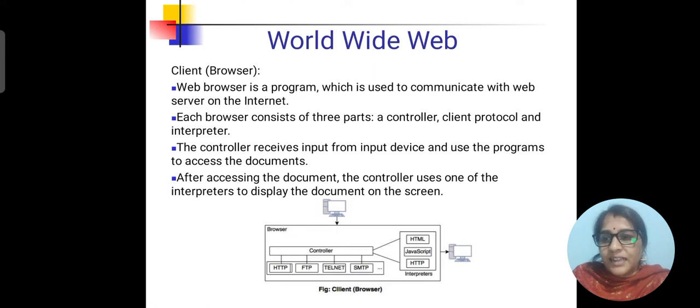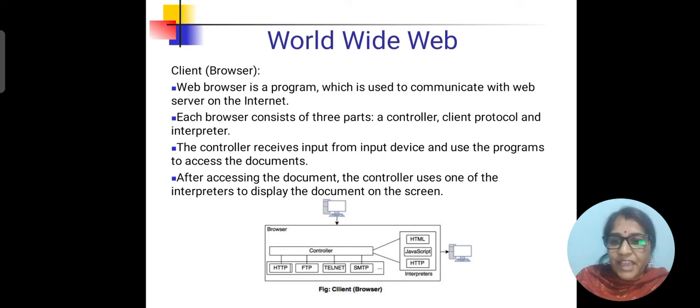A web browser is a program which is used to communicate with a web server on the internet. Each browser consists of 3 parts: a controller, client protocols, and interpreters. The controller receives input from the input device and uses the program to access the documents. After accessing the documents, the controller uses one of the interpreters to display the document on the screen.